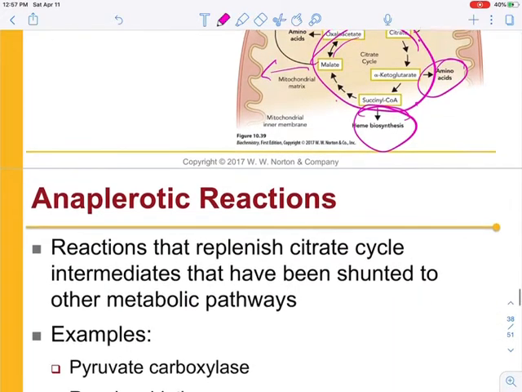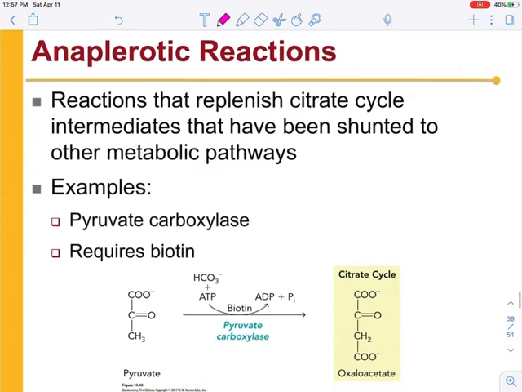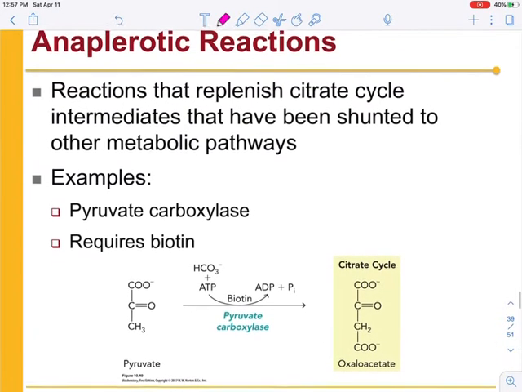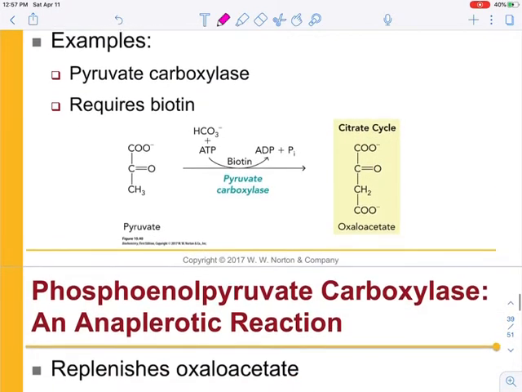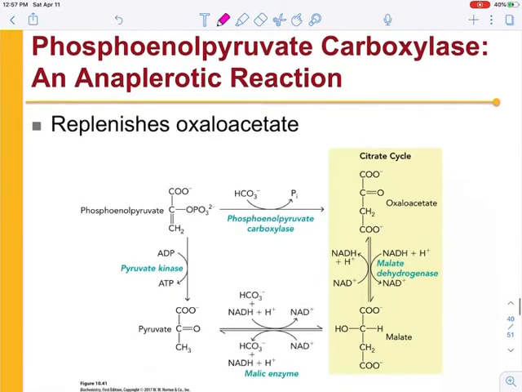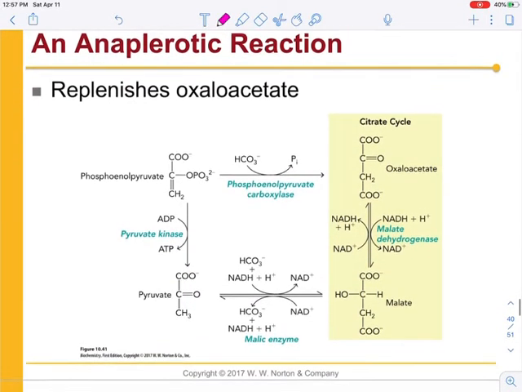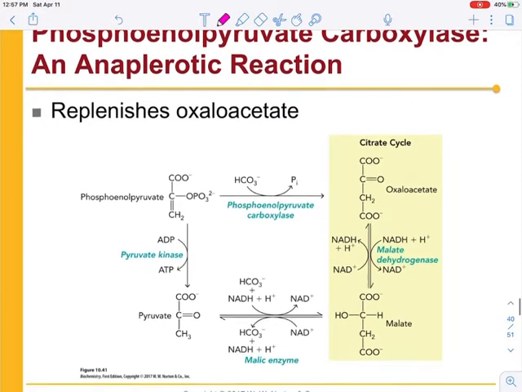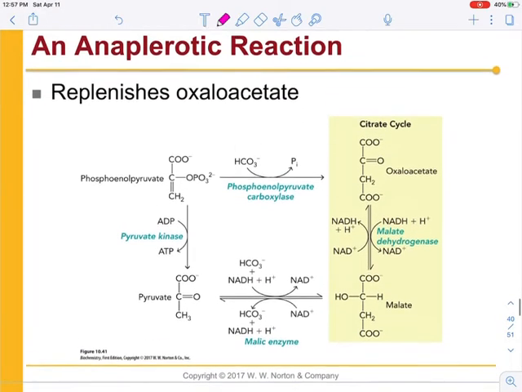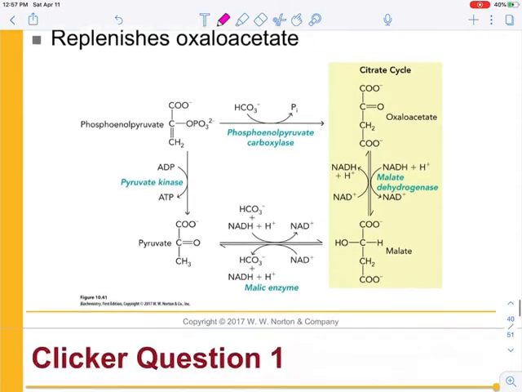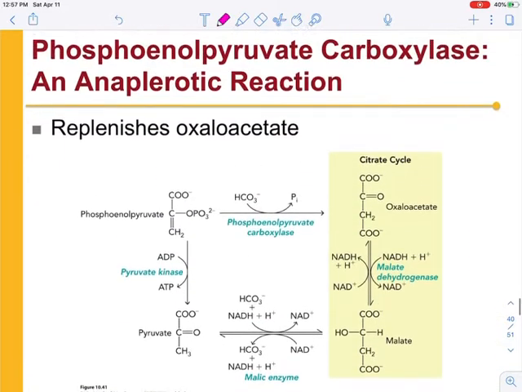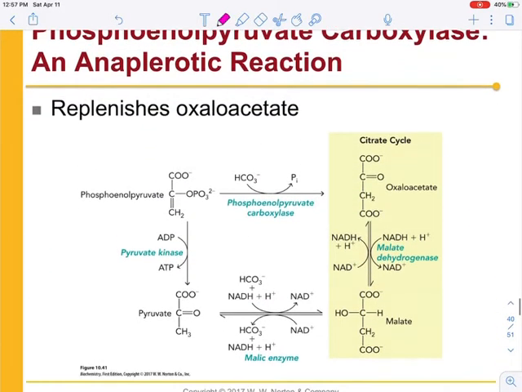So it gets back to where it was, and then you can go back into energy production. And so that's what these anaplerotic reactions are that we won't talk about. We would go into detail on this in an advanced biochemistry course. And that is it.